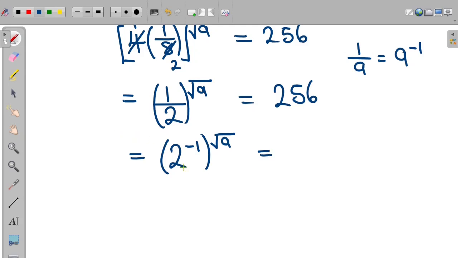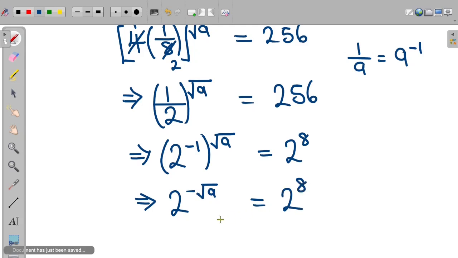Now I have 2 as a base here, so I can also express 256 in base 2, and this is equal to 2 to the power of 8. Now, negative 1 times root a is negative root a, which is equal to 2 to the power of 8.